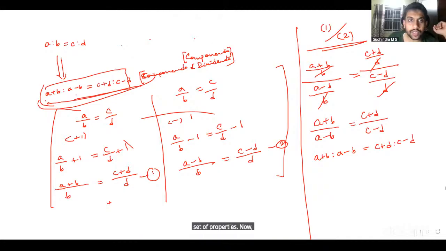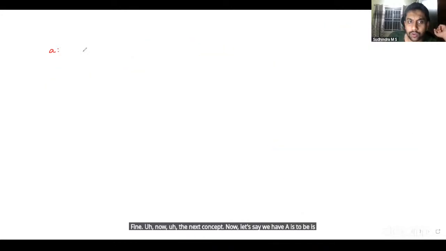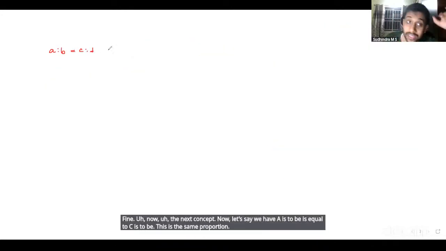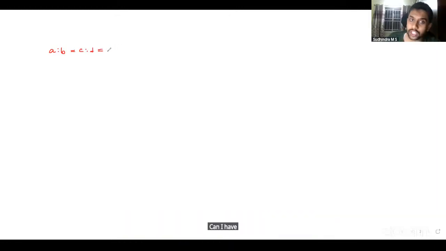Now, if we have any use of this, there will be one more question in the examination, Bhargavi. There will be. Okay, fine. Now, the next concept. Let's say we have A is to B is equal to C is to D. This we say is in proportion. Can I have equality of 3 ratios? Yes, sir.